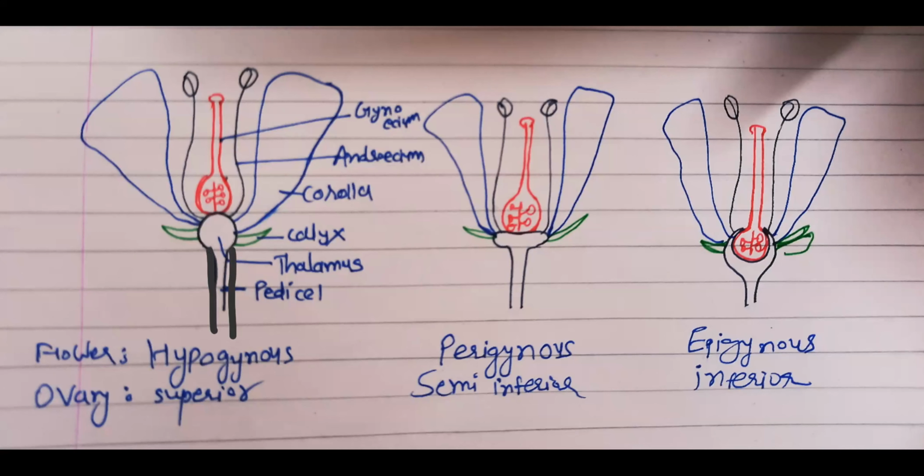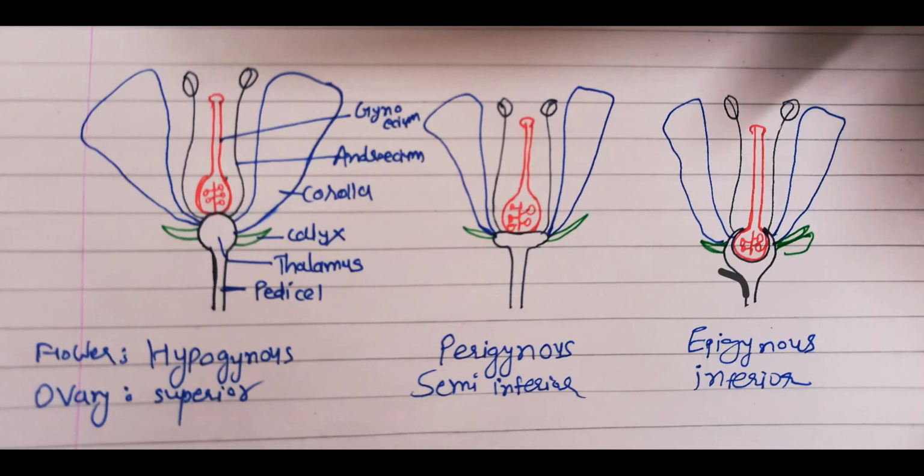Now on this pedicel, the thalamus or receptacle is present, either with this type of shape, or this type of shape, or this one. These are all thalamus, but the shapes are different, and if the shapes are different, the position of the floral appendages and ovary also changes.